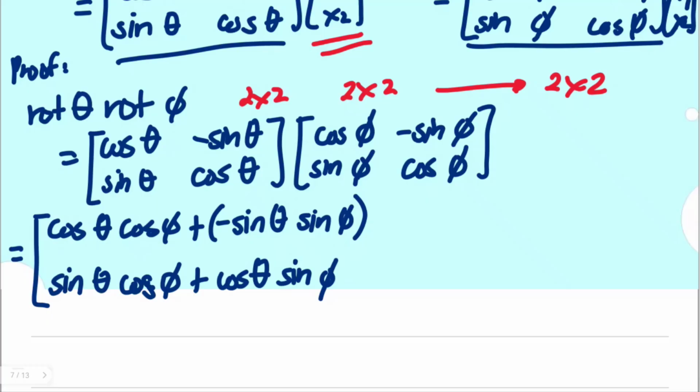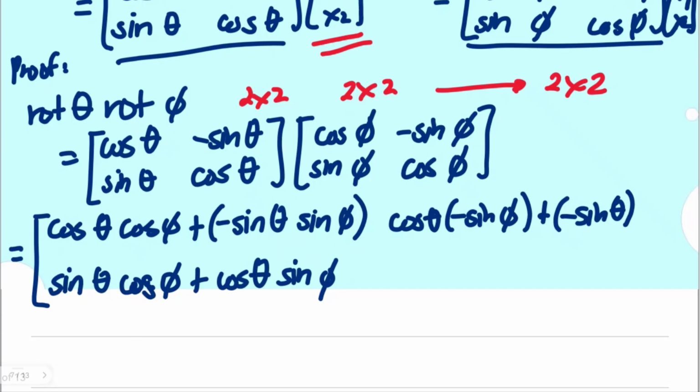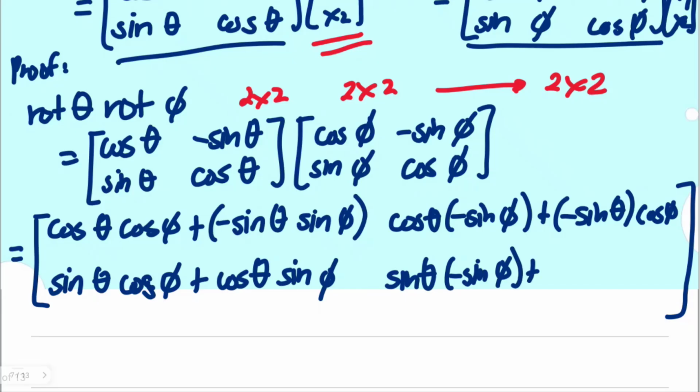So we have the next one, cosine theta times negative sine phi plus negative sine theta times cosine phi. I'm going to close that here. And the last entry, you will have sine theta times negative sine phi plus cosine theta, and you will have cosine phi. Sorry, that's a phi.